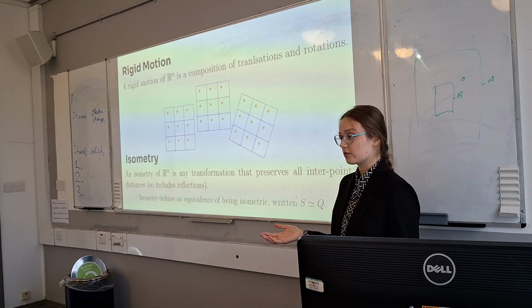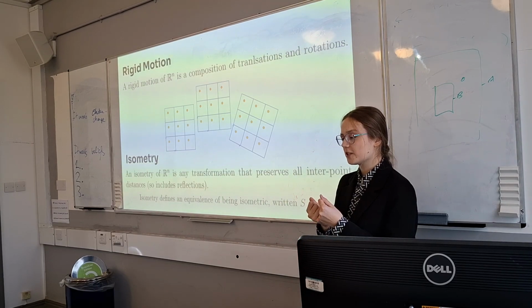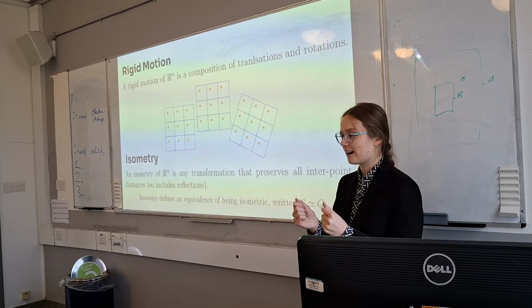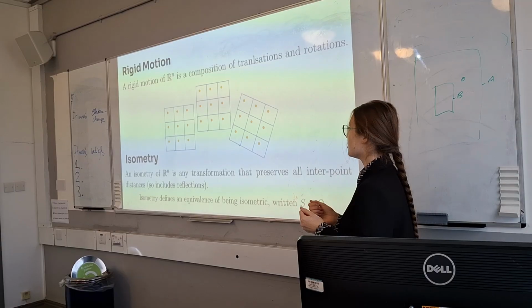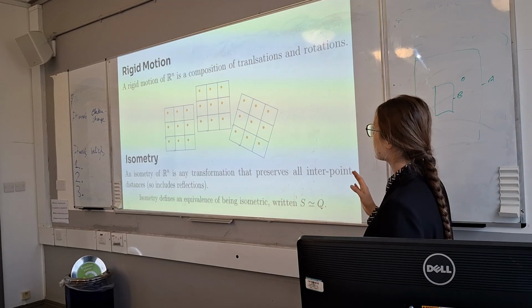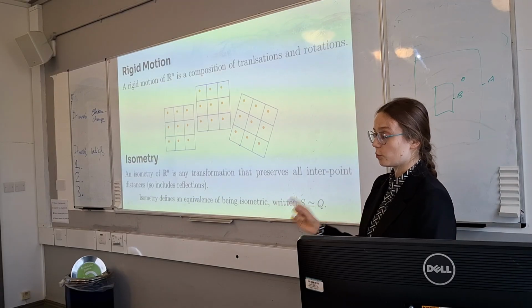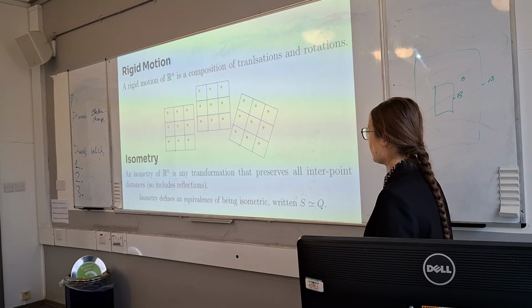But which equivalence relation are we going to use? We were talking about crystals in space. If I take a crystal, I move it around, I rotate it, it's not going to change. It's the same crystal. So we're going to use rigid motion, which is a composition of translations and rotations. The distances between the atoms won't change, so the crystal chemically stays the same.